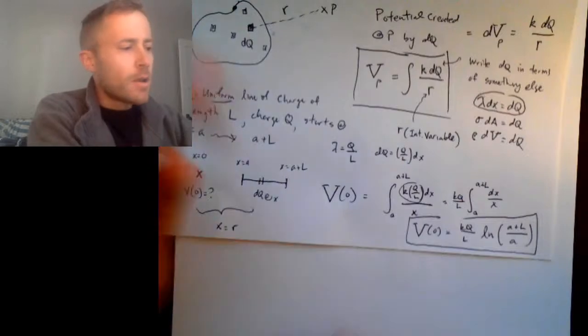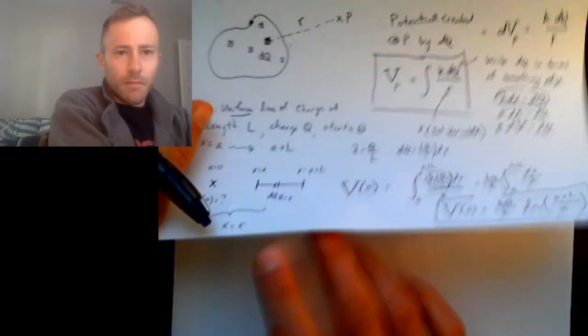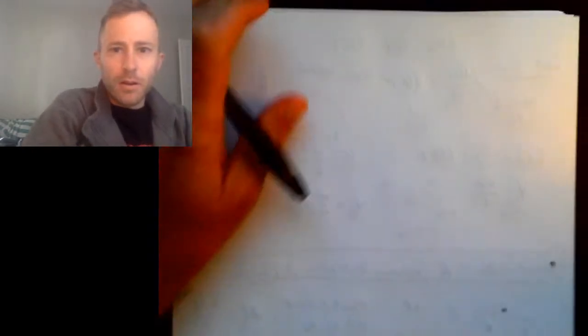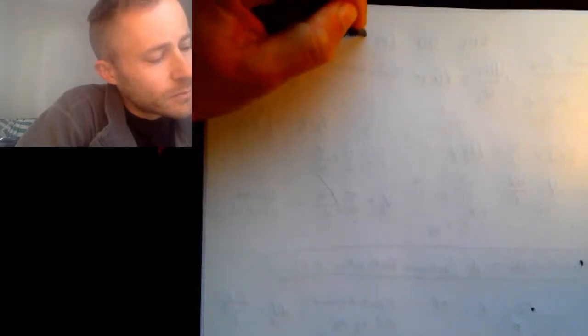Okay. Moving right along to our next example. All right. Let's suppose we have a ring of charge of radius r.